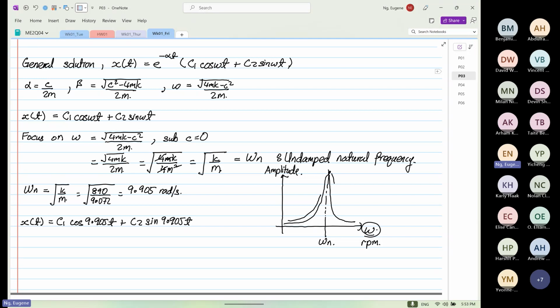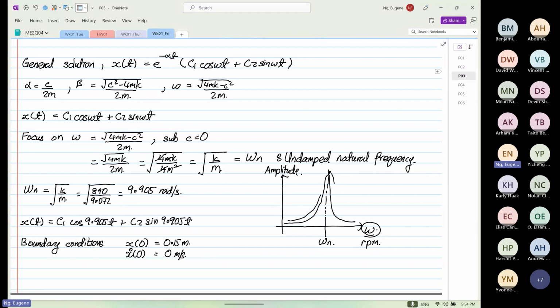So what do we know? We're going to impose boundary conditions. We're going to have two boundary conditions. When x at time 0 is equal to 0.15 meters, and the velocity is equal to 0 meters per second.